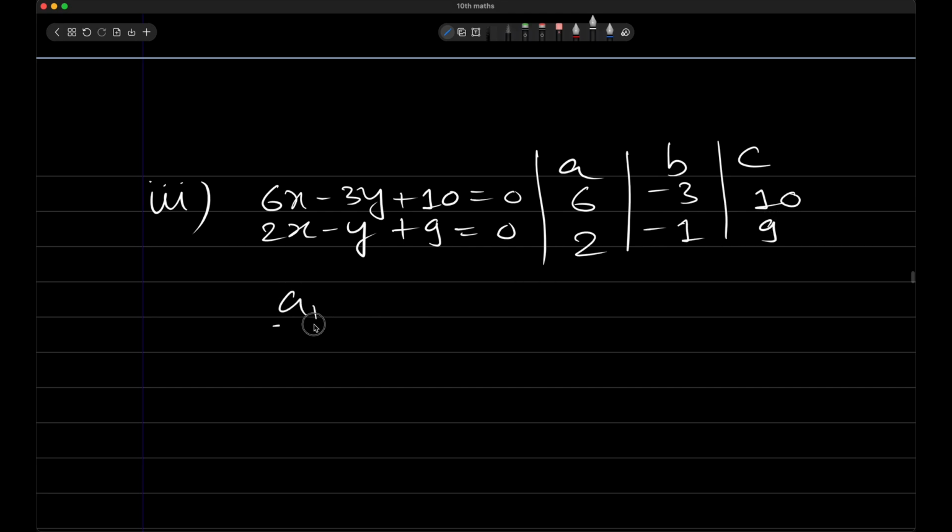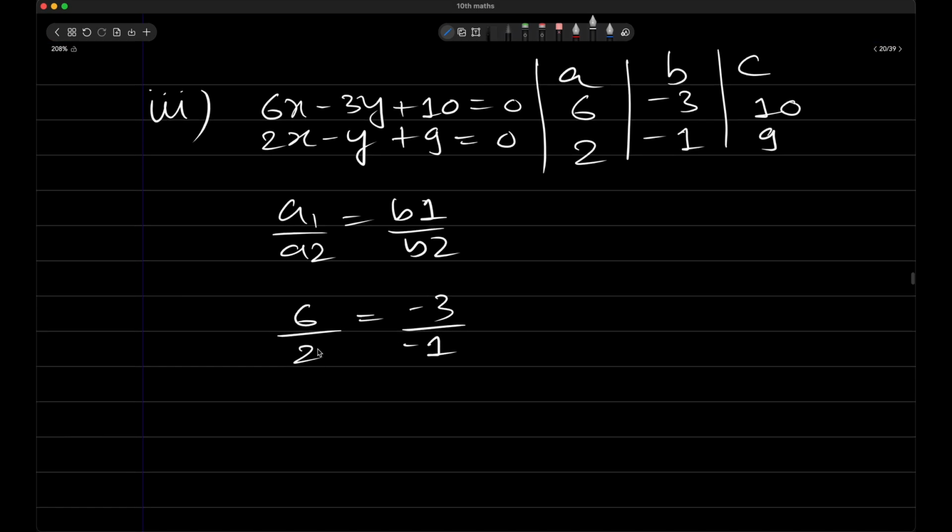Let us start with a1 upon a2 equals b1 upon b2, that is 6 upon 2 equals minus 3 upon minus 1. If we see here, 2 3s are 6, minus into minus is plus, that is 3 equals 3. Now we have to check C1 upon C2, that is 10 upon 9.